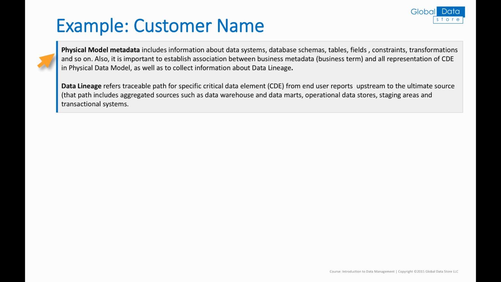Also, it is important to establish association between CDE and all representations of CDE in the physical data model, as well as to collect information about data lineage. Data lineage refers to the traceable path for a CDE, starting from end-user reports, upstream to the ultimate source. That path includes aggregated sources, such as data warehouse and data marts, operational data stores, staging areas, and transactional systems.